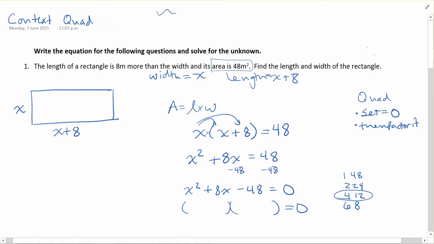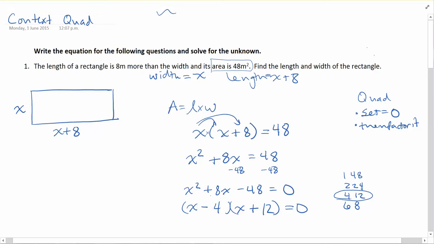So if I watch my signs, I need to times together to get a negative 48, so I know one of them needs to be negative, and one of them needs to be positive. So if I call this one the 4, and this one the 12, if I put the negative with the 4 and the positive with the 12, when you add those together, 12 minus 4 is going to get you the positive 8.